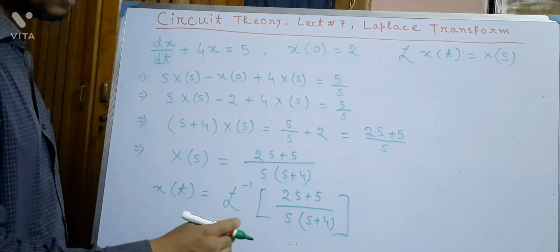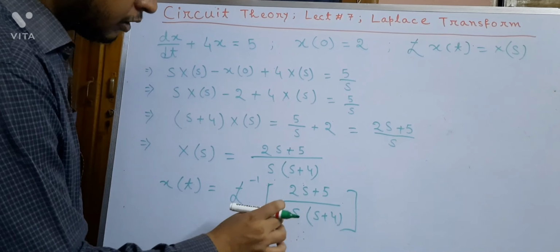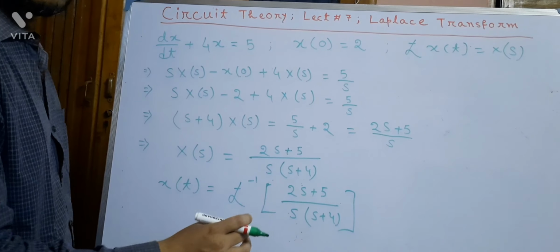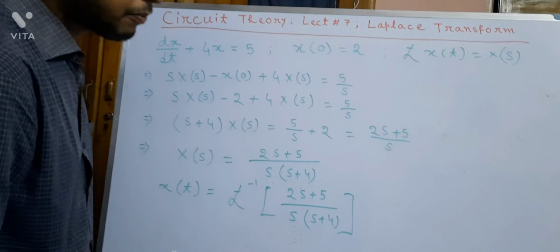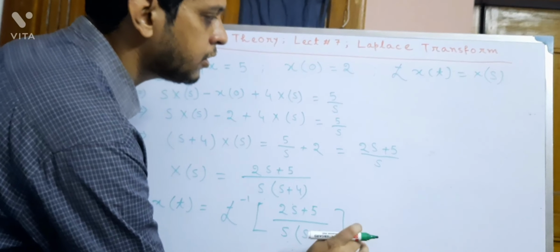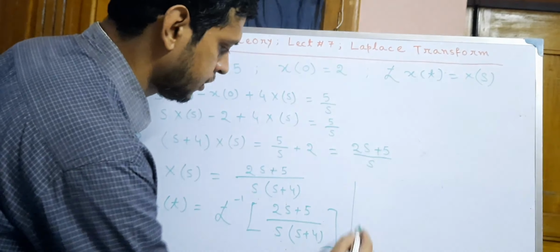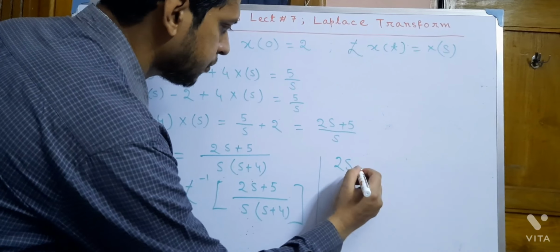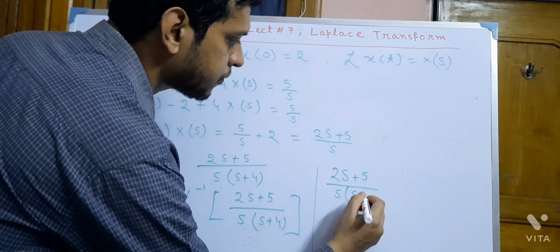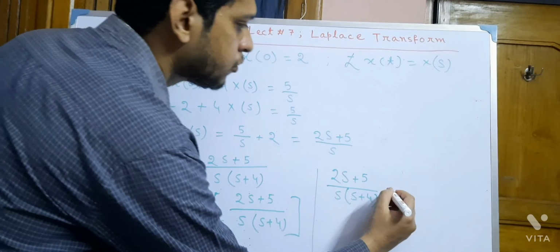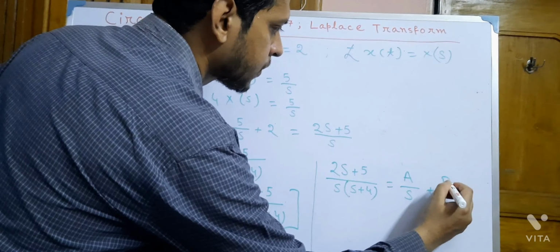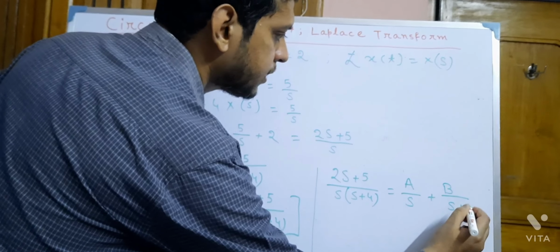To do this, we have to take the help of the partial fraction concept, which we have learned in school mathematics. So (2s plus 5) by s(s plus 4) equals A by s plus B by (s plus 4).